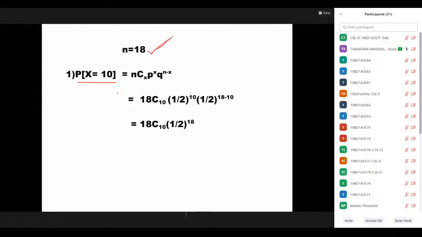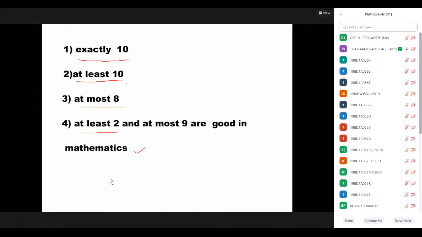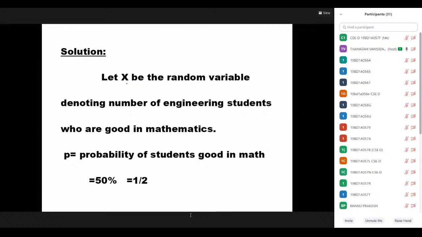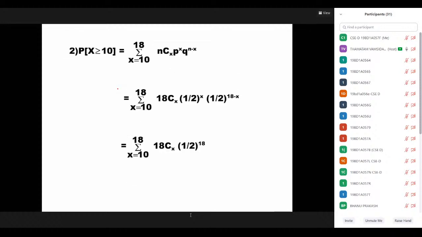What is the second one? Look at the question: at least 10. At least means minimum, at most means maximum. At least 10 means probability of X greater than or equal to 10. But what is the maximum? N equals 18.